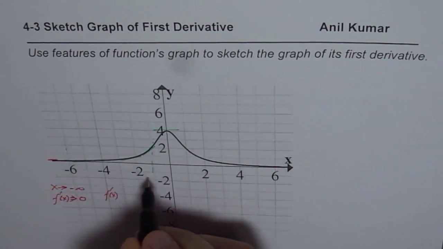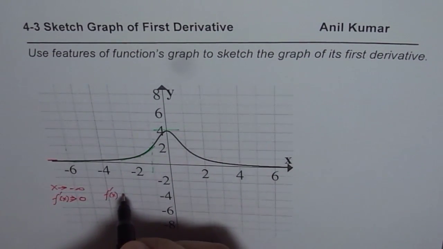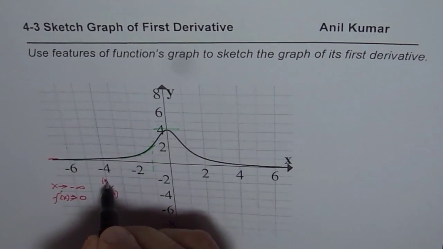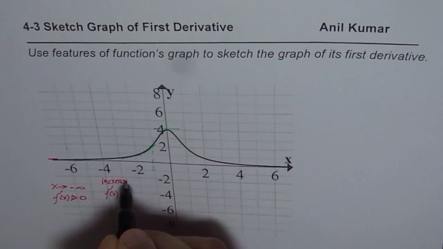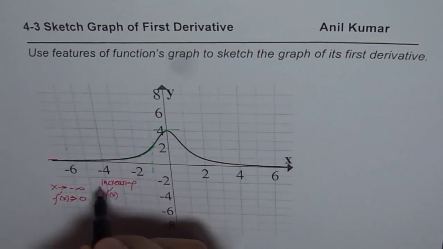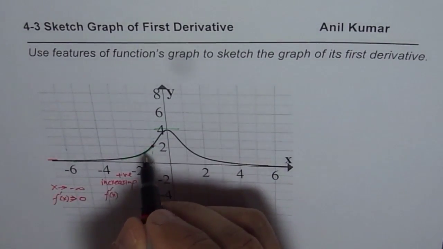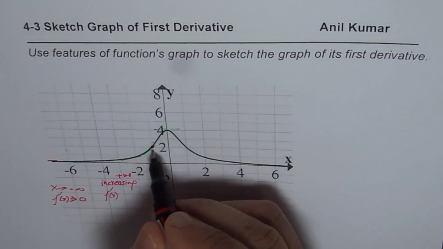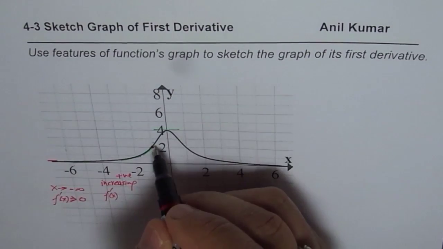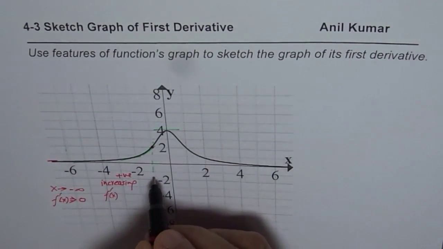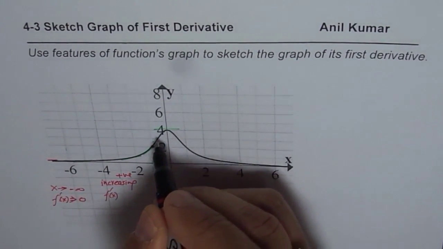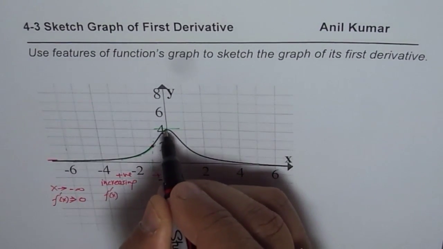So in this interval, f dash x is increasing, and it is also positive, but at this point what we find is that it's kind of maximum, and after that f dash x is positive, but it is decreasing, you see, decreasing to 0, right?